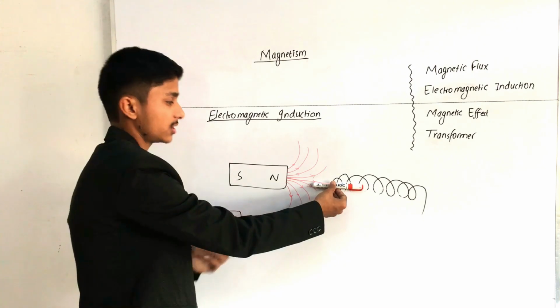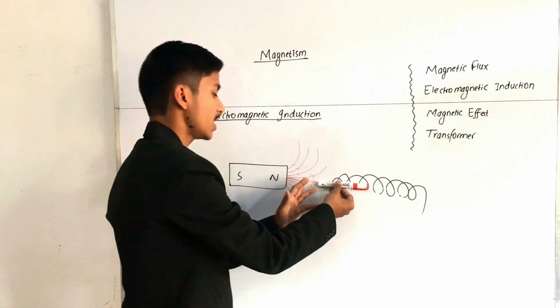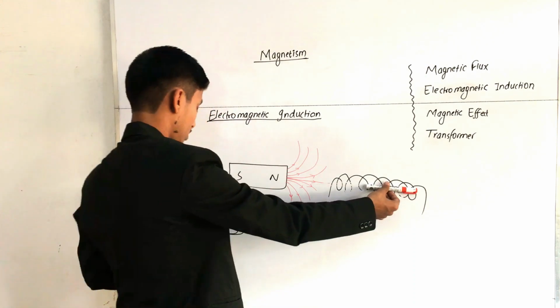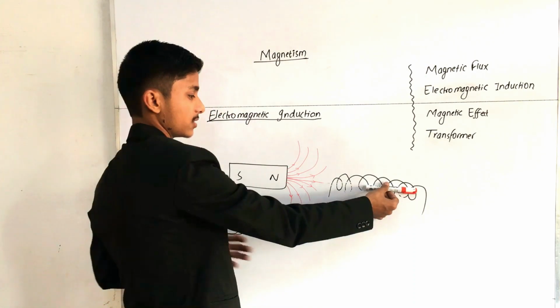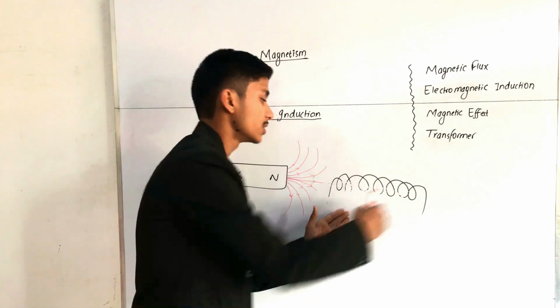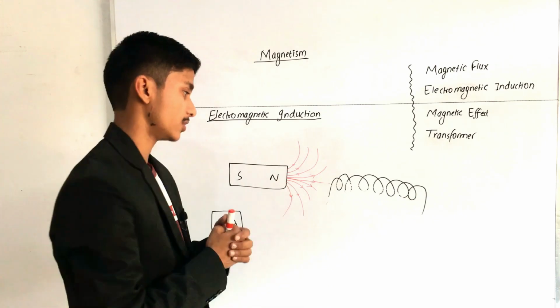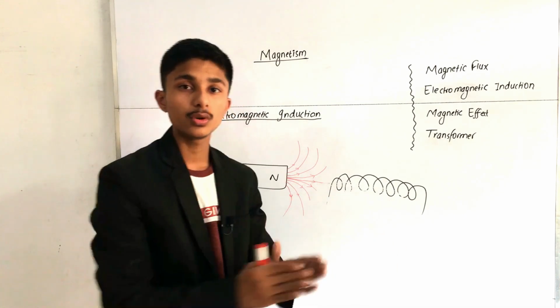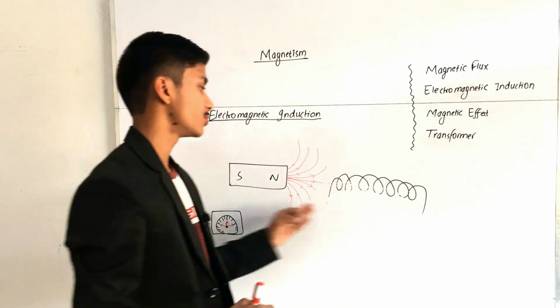It shows an increase. And when this coil is moved away from the magnet, it goes in the negative direction. This phenomenon means electric current is induced in this coil. And when the coil is at rest, no electric current is induced in it.